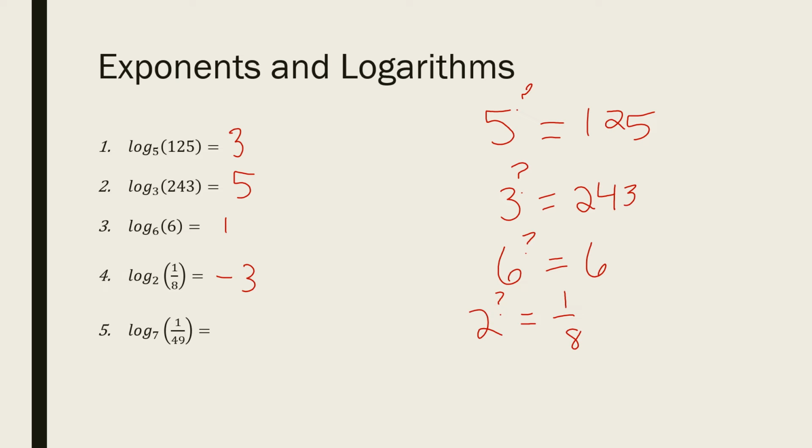Log base 7 of 1 over 49. Here the question you want to ask yourself is, 7 to what power equals 1 over 49? Well, we know 7 to the second power is 49, so that means 7 to the negative second power is 1 over 49. So our answer is -2.